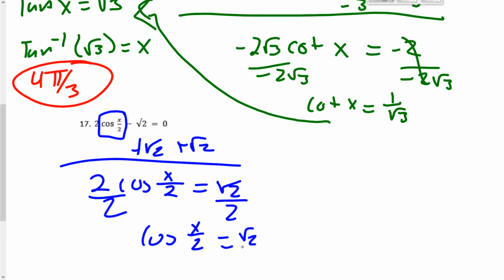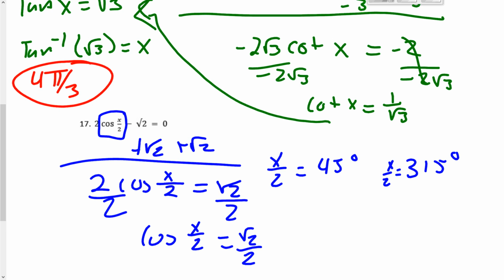So that's a positive. So where's cosine root 2 over 2? Well, cosine is root 2 over 2 at 45 degrees, right? So at 45 degrees, and it's also at 315. Okay, so both of those, but now we're using our half angle, so we set our half angle equal to these two.